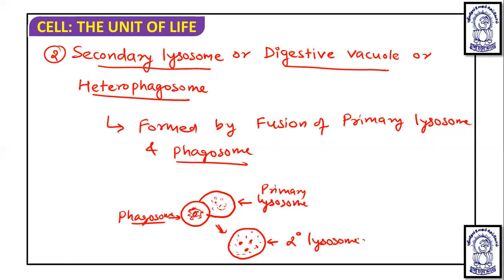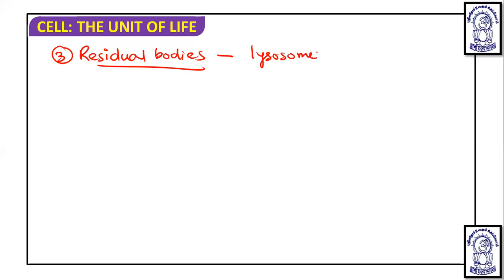After this, in secondary lysosome, the digestion keeps on going, but at last some undigested matter remains in this secondary lysosome. Then it is known as the third type of lysosome, that is residual bodies. So residual bodies are lysosomes containing undigested material.